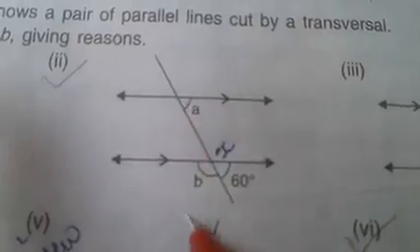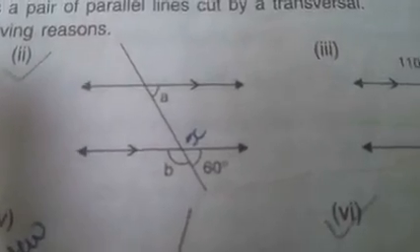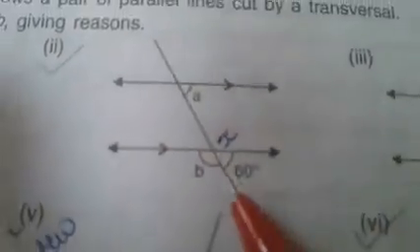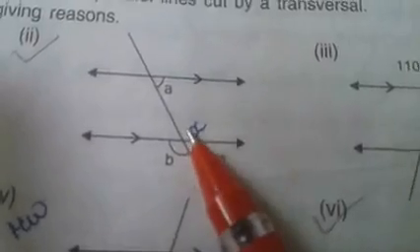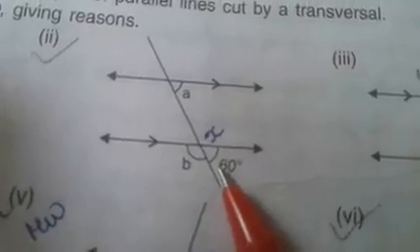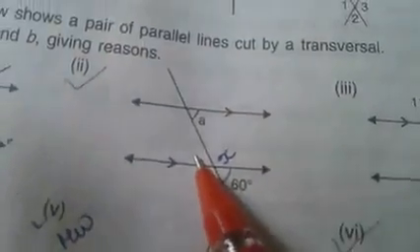Now let's see the second one. Second figure, you can see. We have to find the values of A and B. One angle is given, 60 degree. So what I have done, I have considered this angle as X. What alternate things we can do is, this 60 degree, this can be 60 degree.